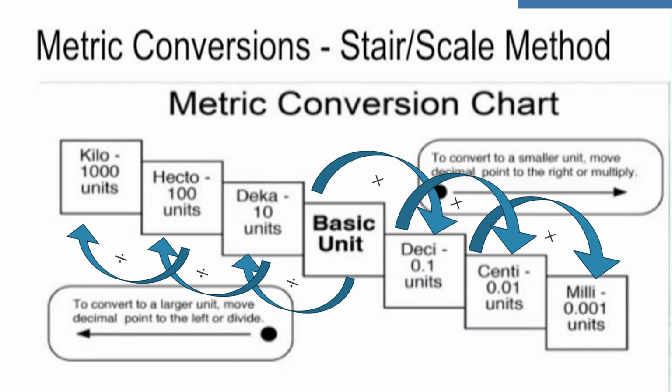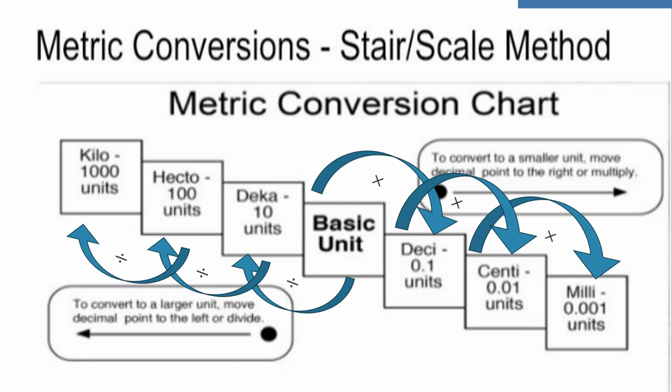Let's say how many milliliters are in 20 liters. Oh, 20 liters, that's a lot of milliliters, a lot of small parts. And it is 1, 2, 3 steps. So I am moving that decimal forward 3 times. I am multiplying by 10, and then by 10, and then by 10, which is by 1,000. And the same thing if you're going backwards.